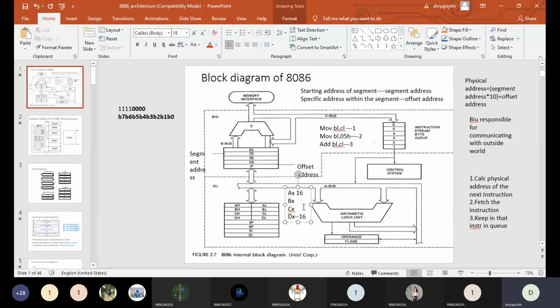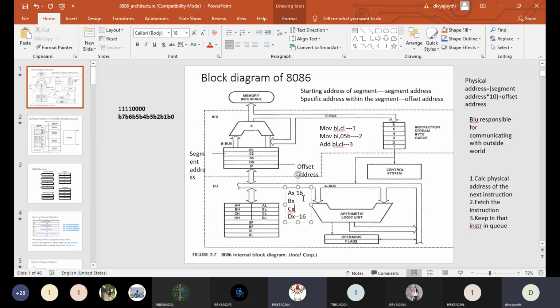Or else, if you are making use of only the lower 8 bits, here I have considered lower 4 bits, as it can support up to 16 bits. If you want to access only the lower 8 bits, you need to add a suffix of L to any of these registers, and if you are accessing higher 8 bits, you need to add the suffix of H to these 4 registers. Are you clear with these, ma'am?